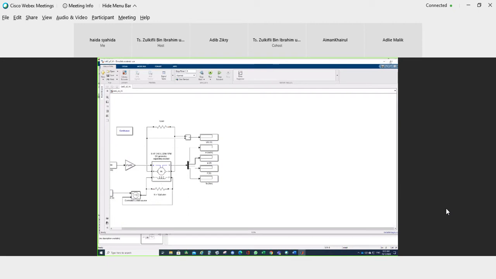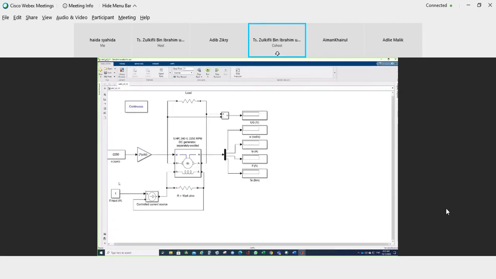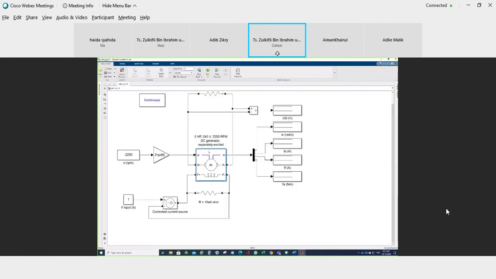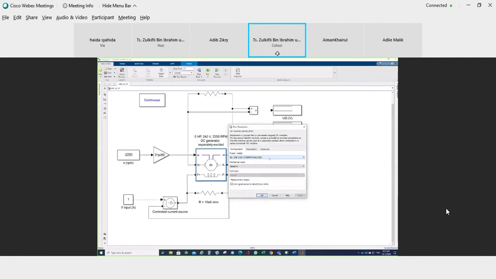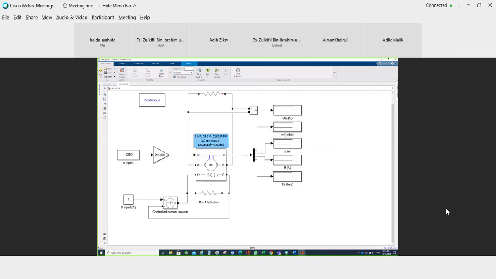Alright, so this is the MATLAB yang saya dah buat. Ini masa load lah. So double click dekat sini, kita pakai nombor 1. Nombor 1. Tak apa nombor 1. Tapi saya ubah nilai dia. Saya ubah just ubah je.